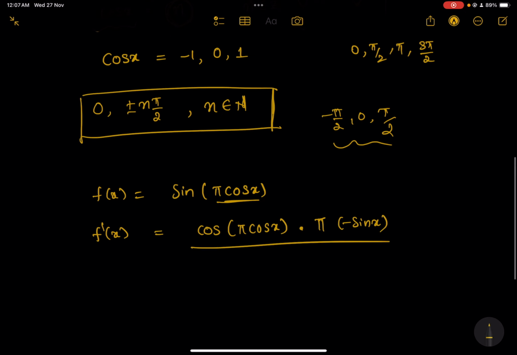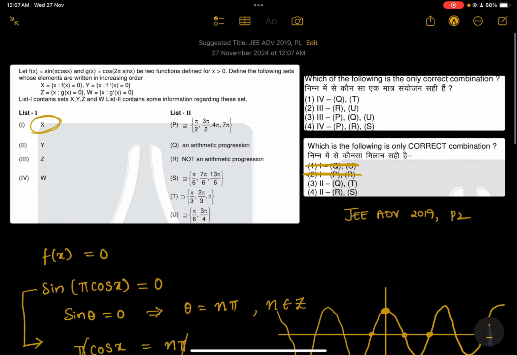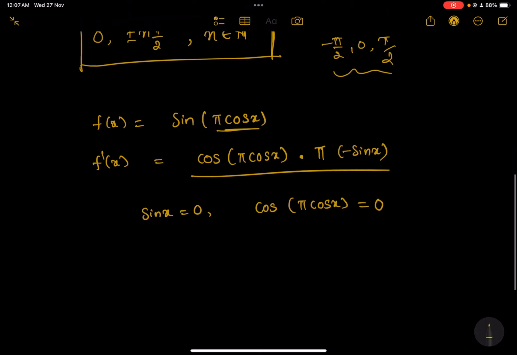So this has to be 0. So either sine x has to be 0 or cos of pi cos x has to be 0.